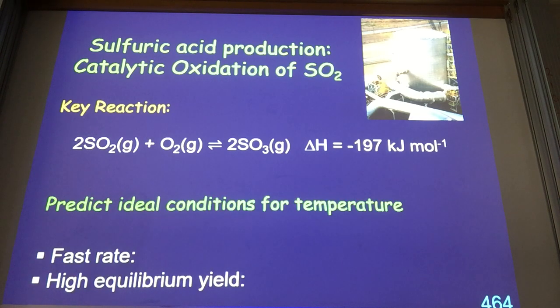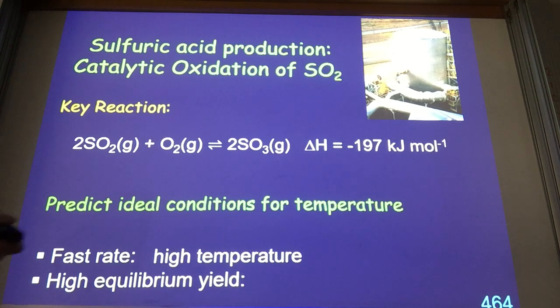So if we want, well, what should we do with temperature? If we want a rapid rate, what temperature gives us a rapid rate? Always high temperature. What about a high equilibrium yield? Well, it's an exothermic reaction, so that means we need to reduce the temperature to send it to the right.